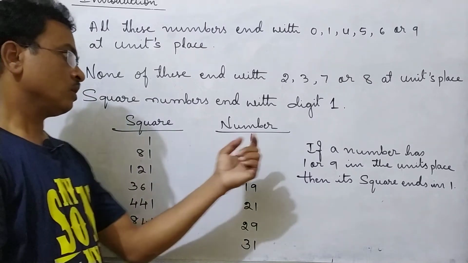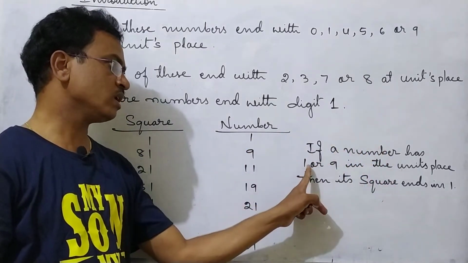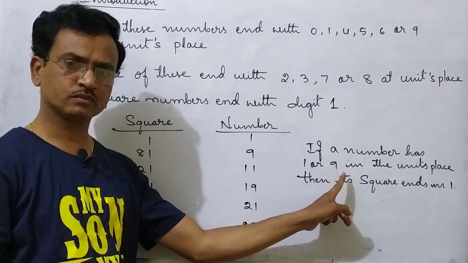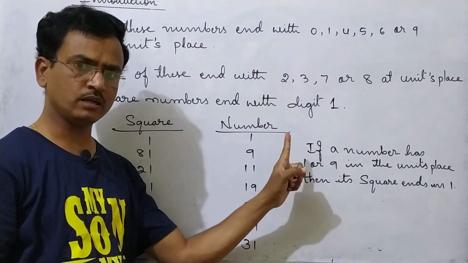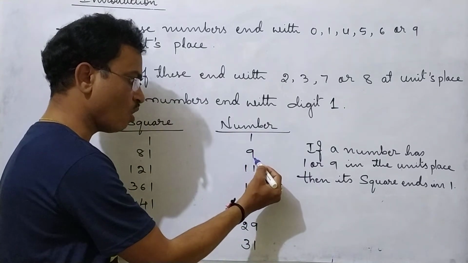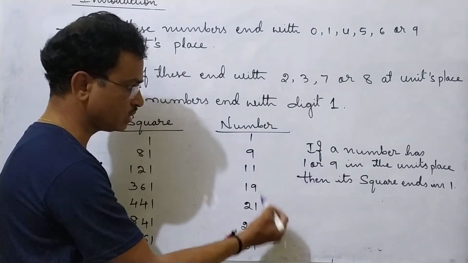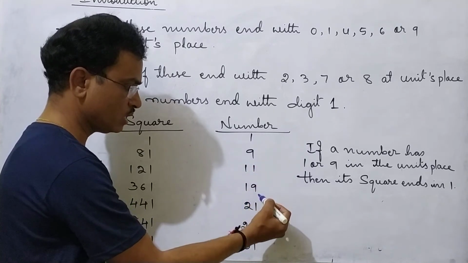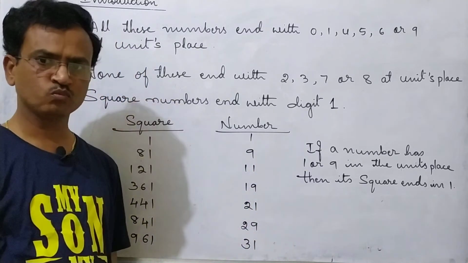Now keep this in your mind: if a number has 1 or 9, you see in the units place 1, 9, 1, 9, 1, 9, 1.